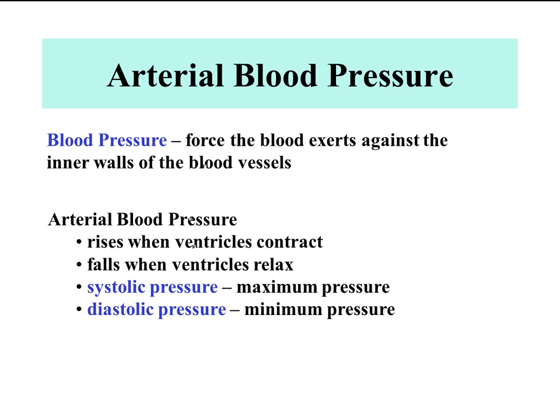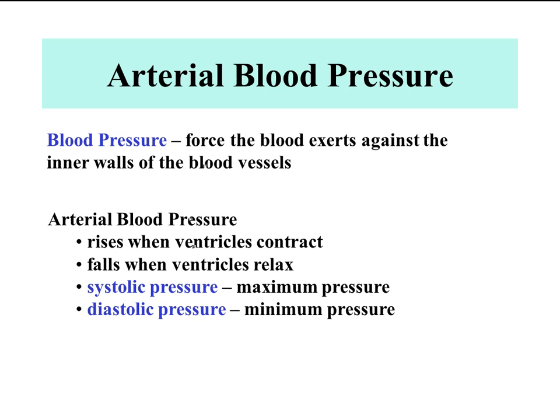You've heard of these terms perhaps when somebody's getting their blood pressure taken. There is a systolic number and a diastolic number. Those numbers refer to blood pressure. Systolic pressure is measured at maximum pressure when the ventricles are in systole, are contracting.